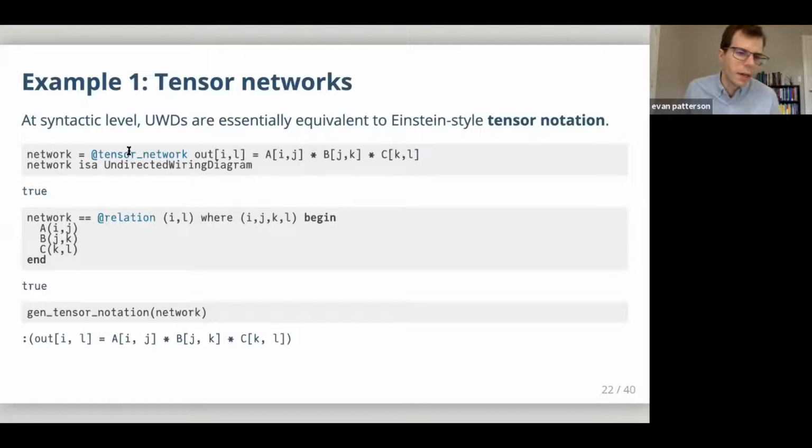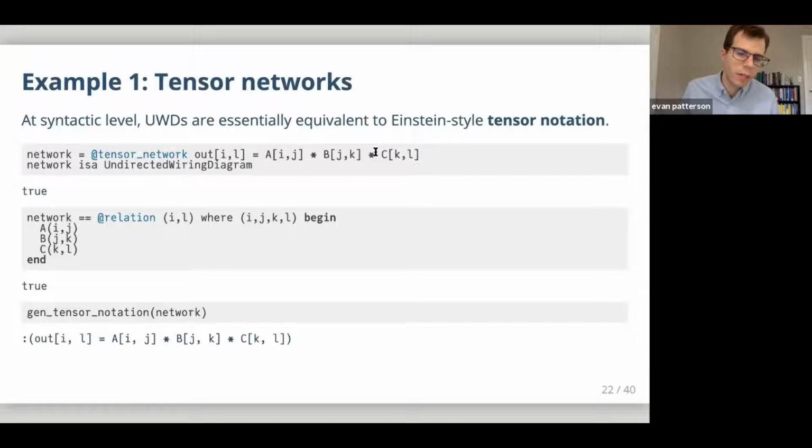And indeed in CatLab, you can translate back and forth between UWDs and this tensor notation, which makes it very clear that there is essentially a direct correspondence between these things. And that's what's shown here.